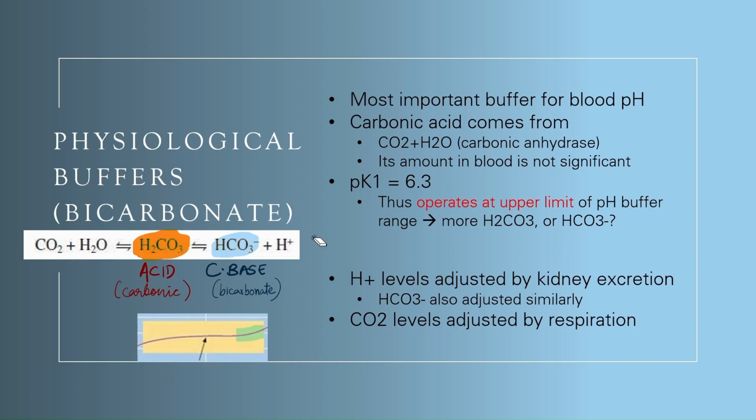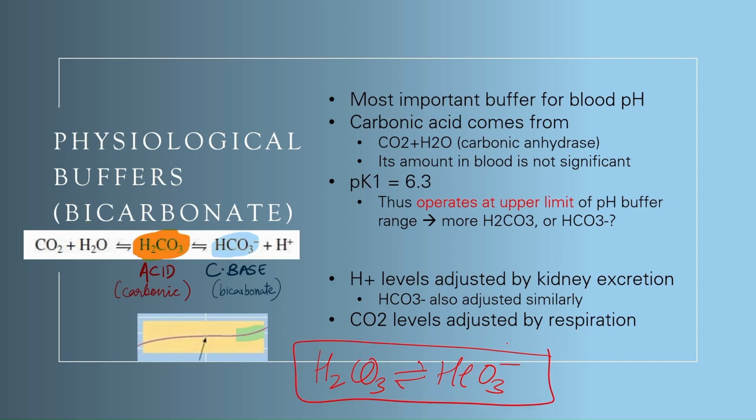Okay, now the pK1, that is the equilibrium between H2CO3 and HCO3 minus, right? This is the weak acid, conjugate base pair, right? The pH at which this equilibrium occurs is called pK1, which is 6.3.